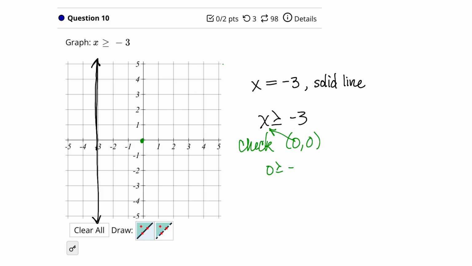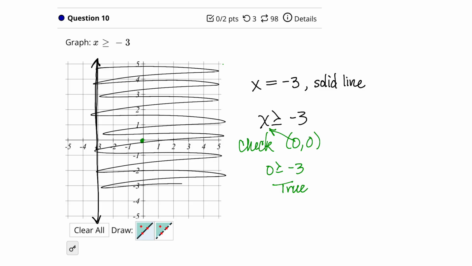So what this is saying is choose all of the points so that the one value is bigger than 3, or negative 3 in this case. But it does end up being to the right of a vertical line because everything to the right is bigger. Everything to the left would be smaller.